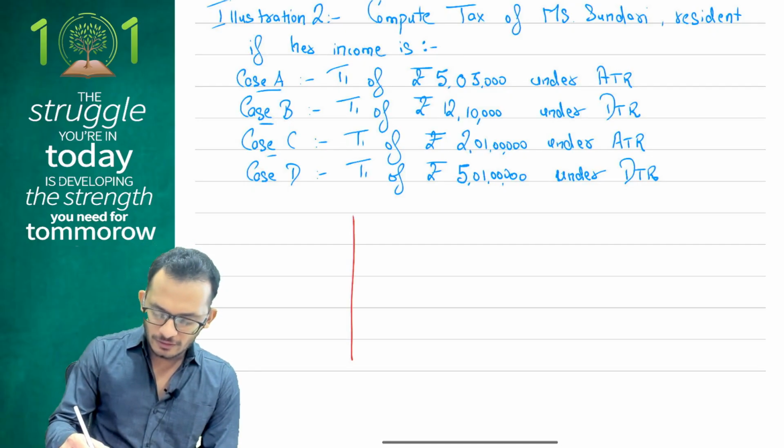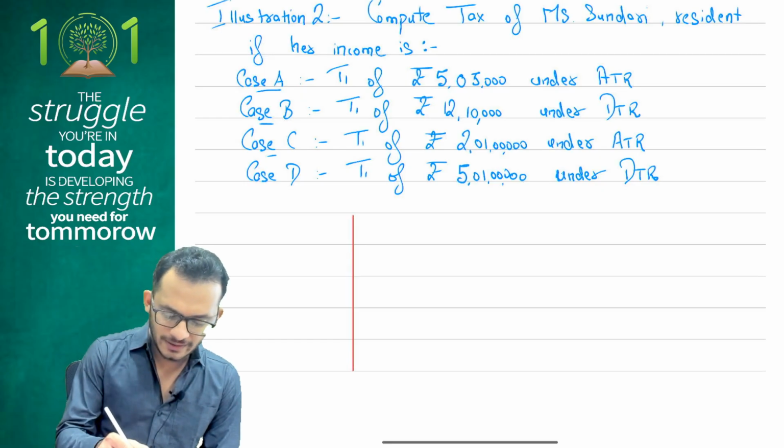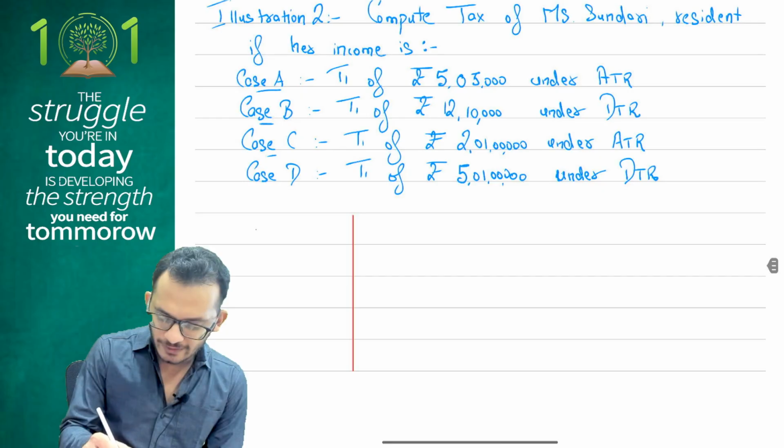One by one, people. On the left side, my income is 5,03,000.